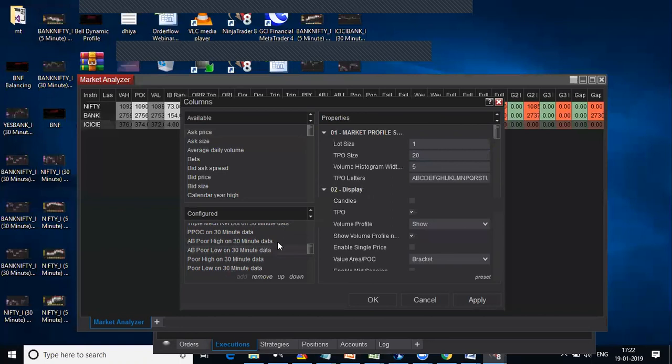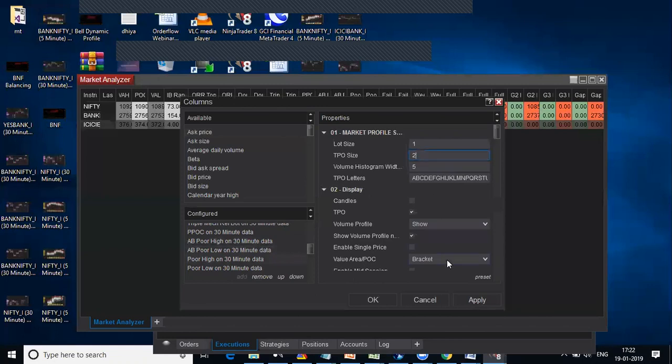Poor low, poor high, you have to set the TPO size for each and every setting, right? And that is a one-time setup. So again 2. Poor high, the TPO size as 2. The TPO size should be set for each and every reference level. There is no common TPO size available in NinjaTrader. That is a painful activity.